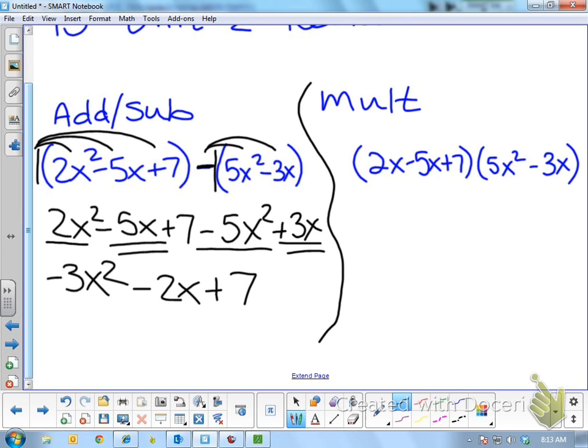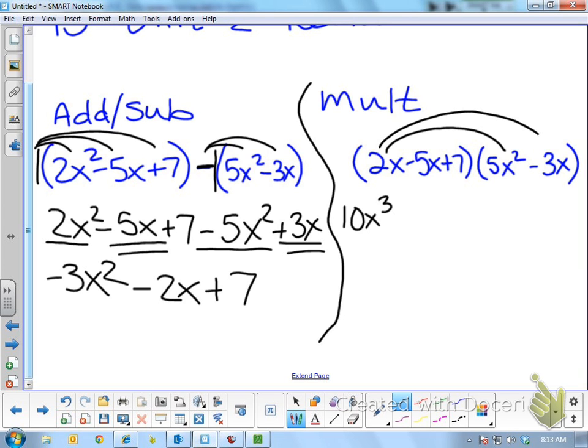Multiplying is different. Multiply, we can let the stuff inside the parentheses interact. So we distribute 2x times 5x squared. When we multiply those together, we multiply the coefficients. 2 times 5 is 10. We add the exponents, x to the first plus x to the second, so 1 plus 2 is 3.